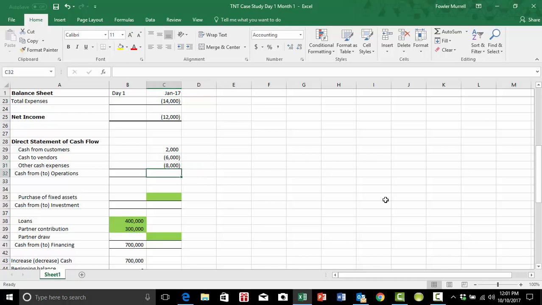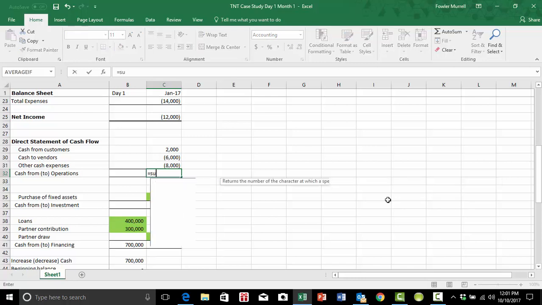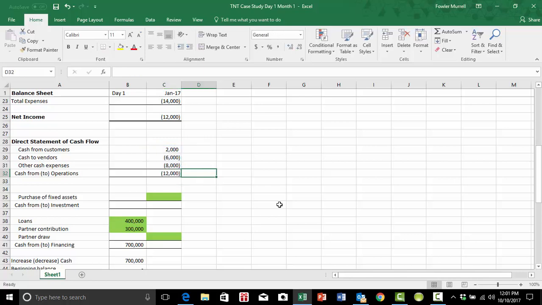So cash from operations for the rest of the month equal to this sum. Cash from operations is minus 12,000.